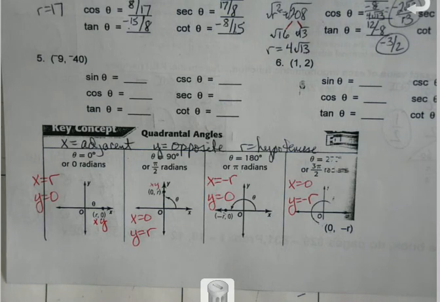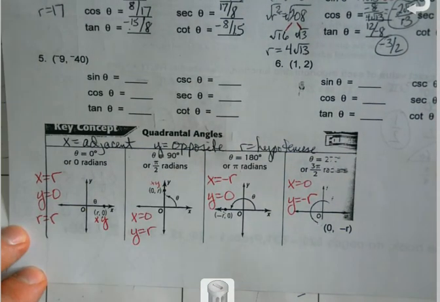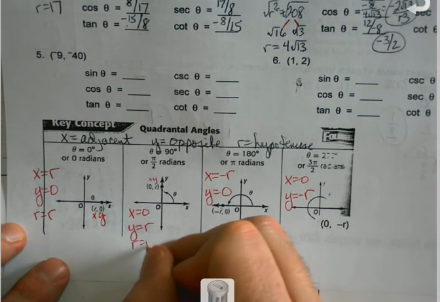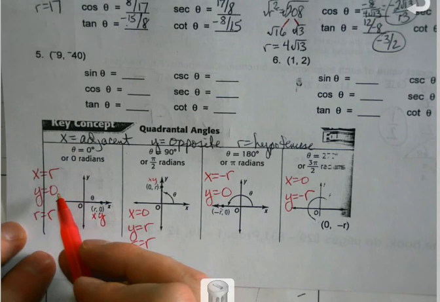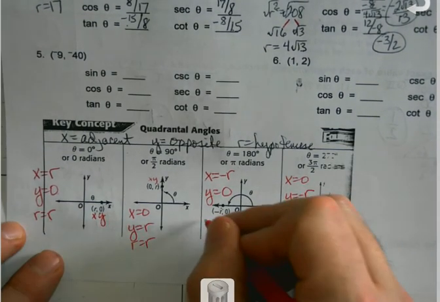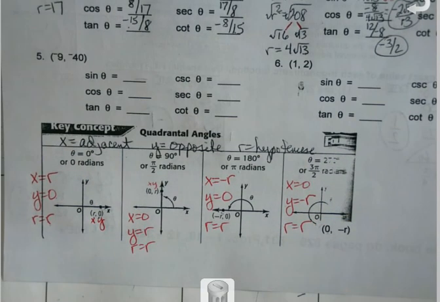The exact same way. r is going to stay as itself. If you technically tried to do a Pythagorean theorem on every single one of these, you'd get r squared plus 0 equals r squared. You'd take the square root, you'd get r back. So for all of these, my hypotenuse is just going to continue to be r.